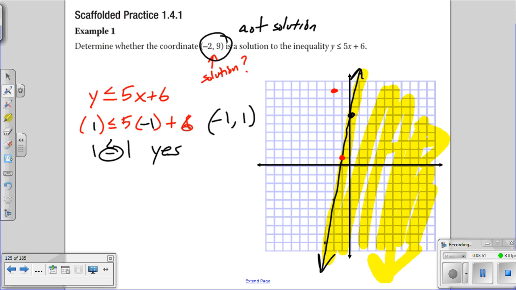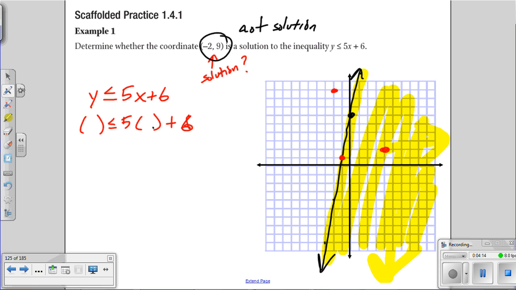Now let's pick another point. I'm going to eliminate this, and we're going to test another point, using the same piece here. Let's pick a point over here, just anywhere in this yellow region. This ordered pair is 4, 2.